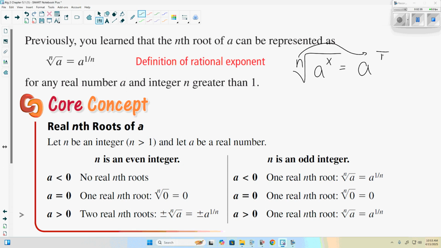The index of the radical goes on the bottom, and the power goes on top. This is nice because we can rewrite a radical as a fractional exponent, and we can rewrite a fractional exponent back as a radical. We can switch from one to the other back and forth.